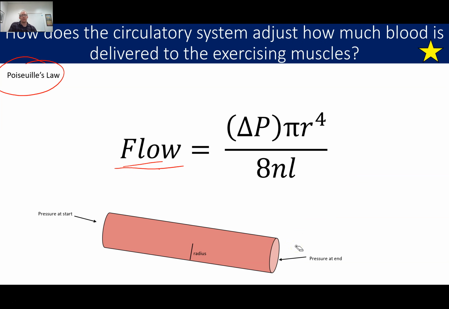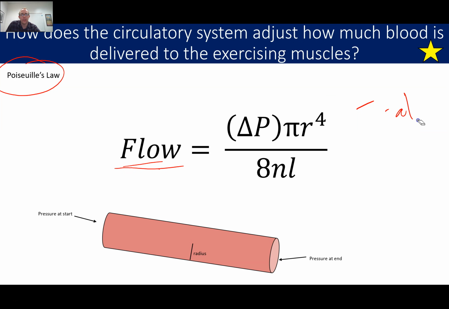When we're talking about the radius for a muscle or for the whole body, this is going to be the total radius of all of the arteries at that level in the muscle. So if you have a lot of arteries, a lot of capillaries in your quadricep, that's going to help you have greater blood flow. If you only have a few arteries or capillaries in your quad, you're not going to get a lot of blood flow in the quad.